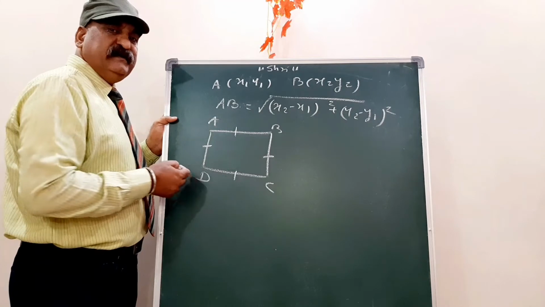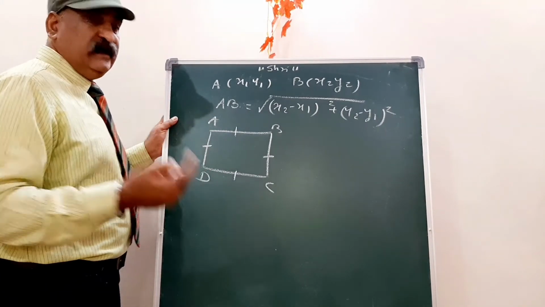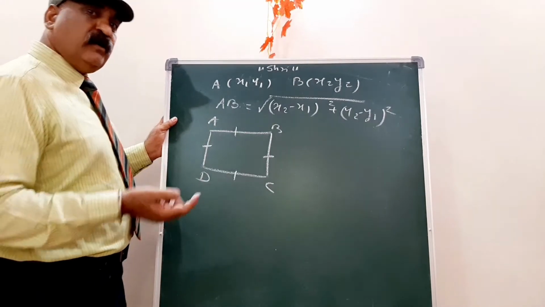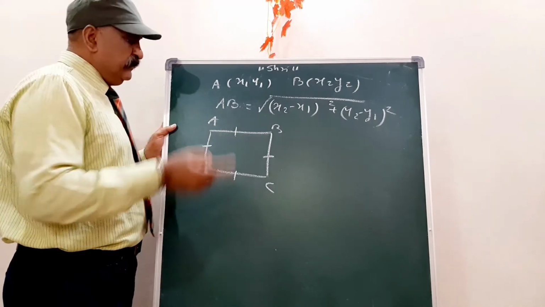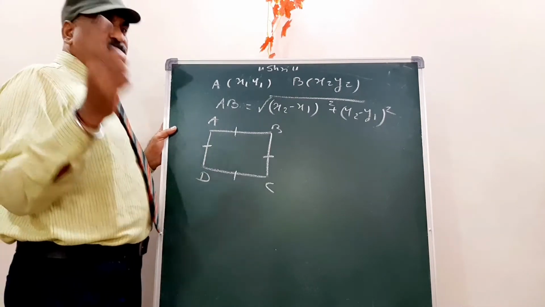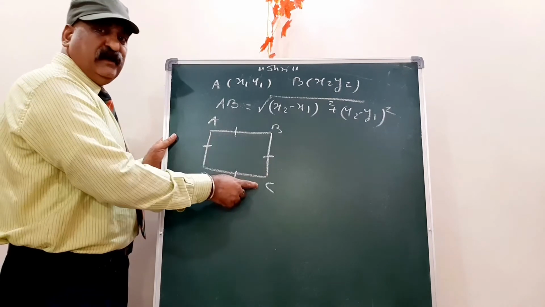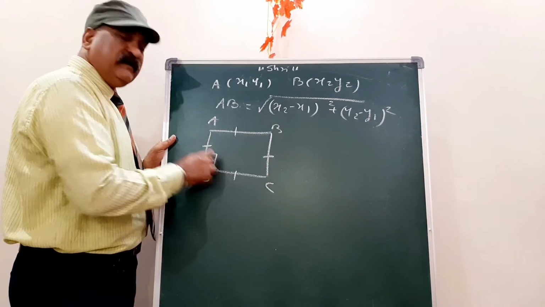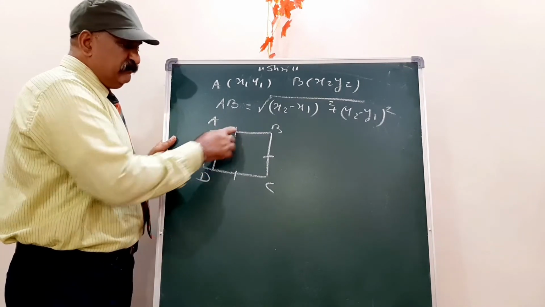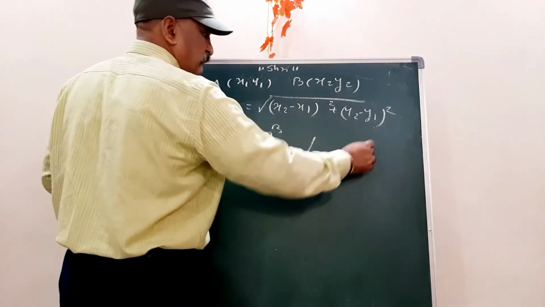Okay? It means it is a rectangle. Now sometimes you can tell me, sir, it may be a parallelogram because opposite sides are also equal. It means every rectangle is a parallelogram, but a parallelogram need not be a rectangle. If this angle becomes 90 degrees, then it will be a rectangle.